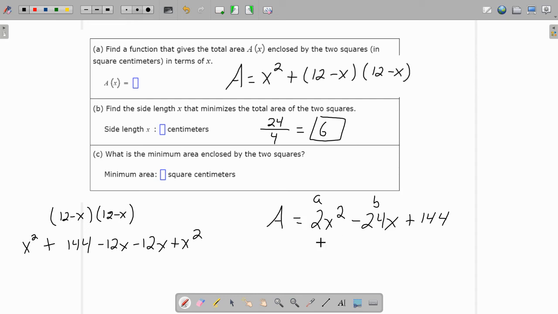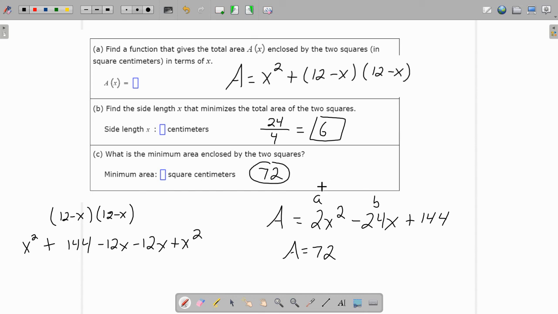And then we're going to plug 6 into this equation to get the minimum area. So I'm not going to write it out this time. It's 2 times 6 squared minus 24 times 6 plus 144. And that's 72. So the area, when we plug 6 in, gives us 72.